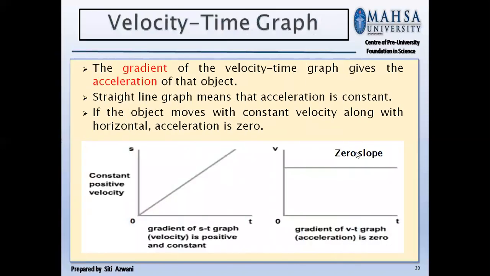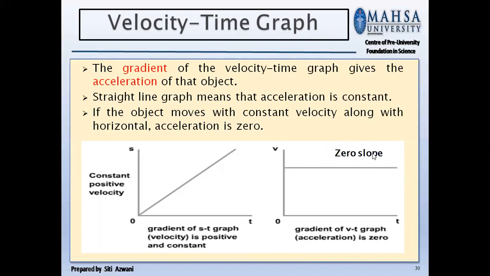Next example, when you have a graph of velocity versus time. The gradient of the velocity-time graph gives the acceleration of the object. A straight line graph means the acceleration is constant. If the object moves with a constant velocity along the horizontal, the acceleration is equal to 0.